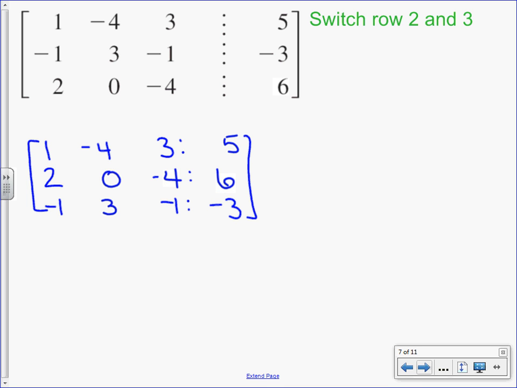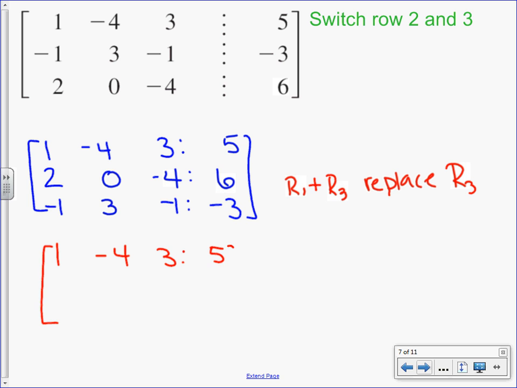Now I want us to add row 1 to row 3 and replace row 3. So row 1 and row 2 get to stay the same, correct? So I'm going to go ahead and write them the same.